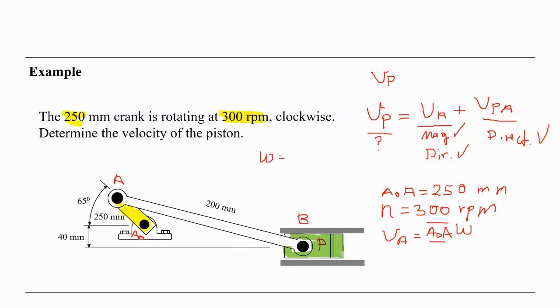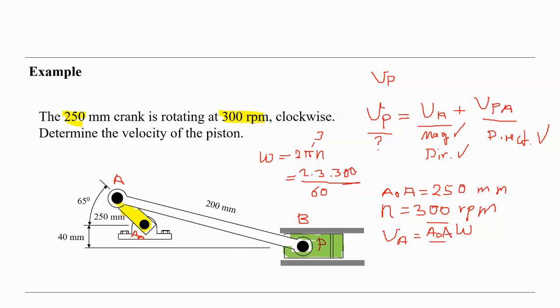Omega is equal, like we did, to 2 pi N, and this is equal to 2 times, let's assume we take pi as 3, times 300 RPM over 60 because we have to convert into seconds.